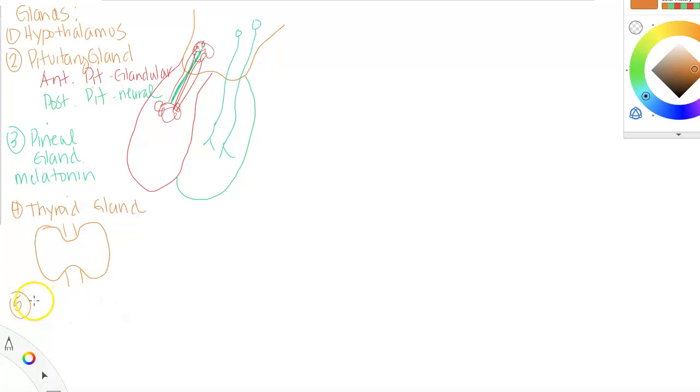On the back of the thyroid gland are the parathyroids. And we talked about those last semester, so not really going to talk too much about them here, but parathyroid glands are located on the back of the thyroid gland, on little nodules here, and they monitor for blood calcium levels being low. And then when they're low, they secrete PTH, which is parathyroid hormone.